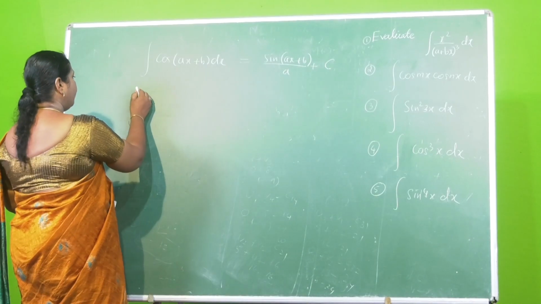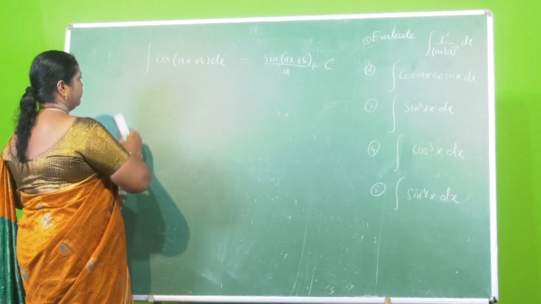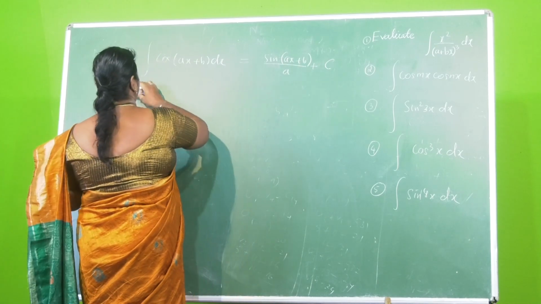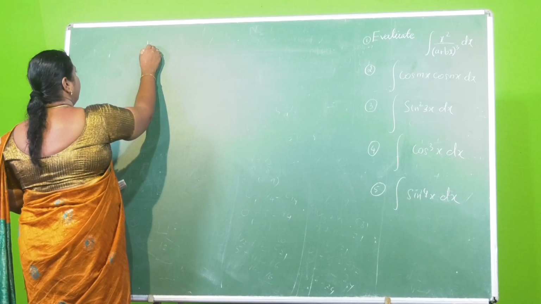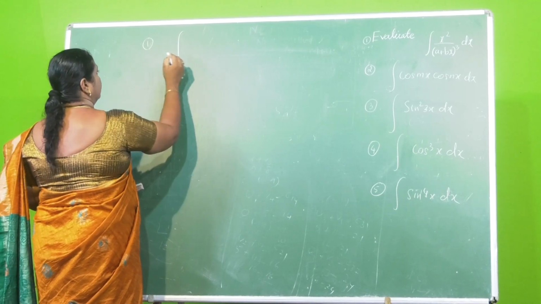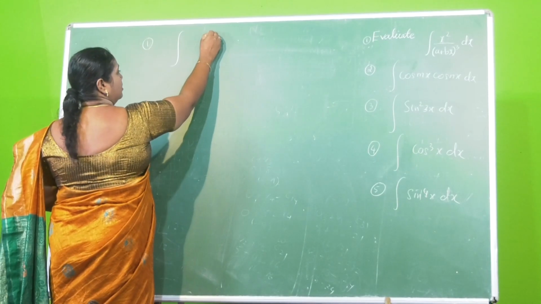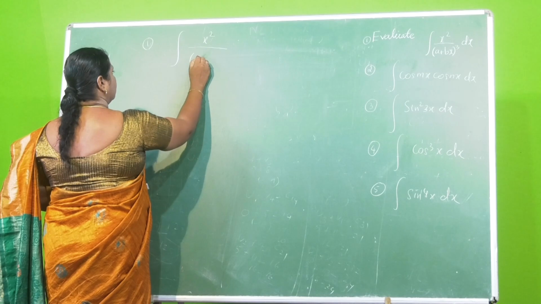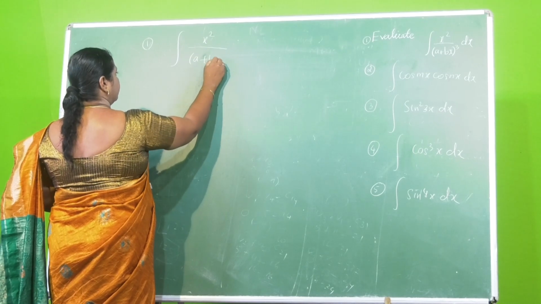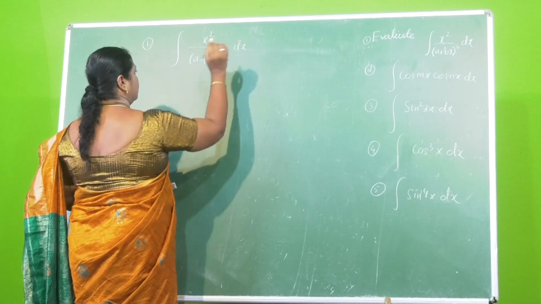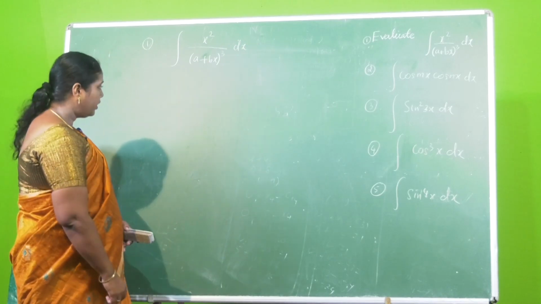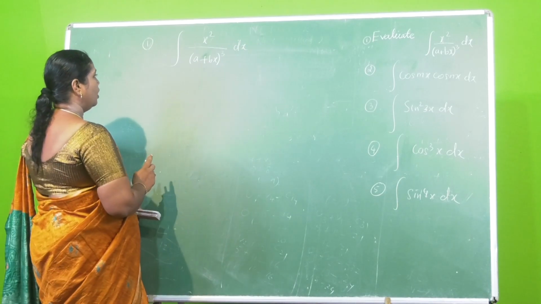Okay, so the problem is to integrate the function x square divided by a plus bx the whole cube, dx.